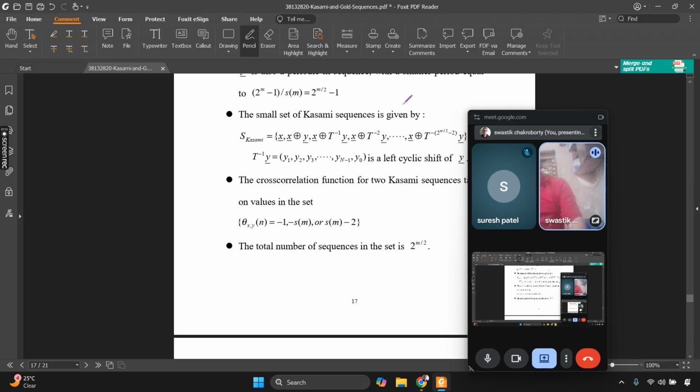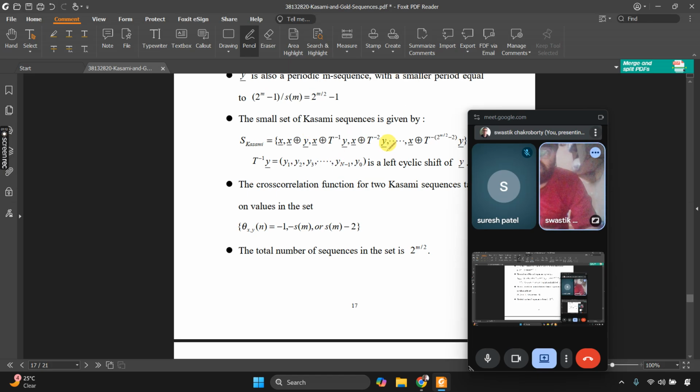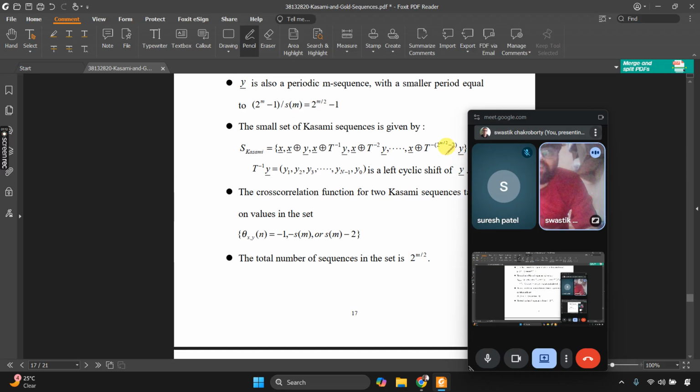So the total number of sequences in this set will be 2 to the power m by 2. You are going till 2 to the power m by 2 minus 2, so 2 to the power m by 2 minus 1 terms, plus 1 for X itself. So 2 to the power m by 2.